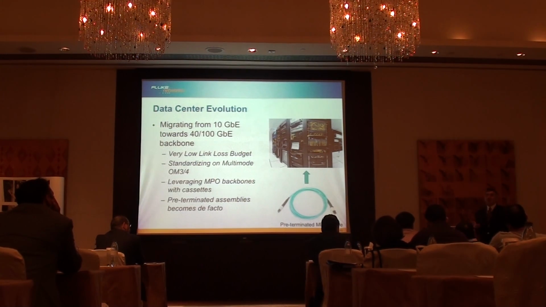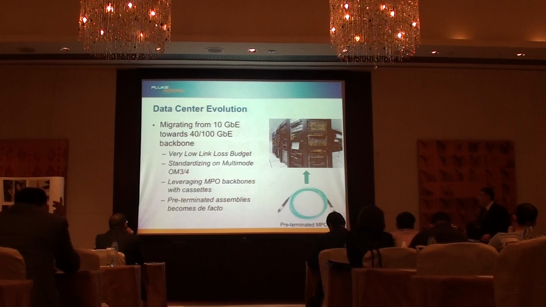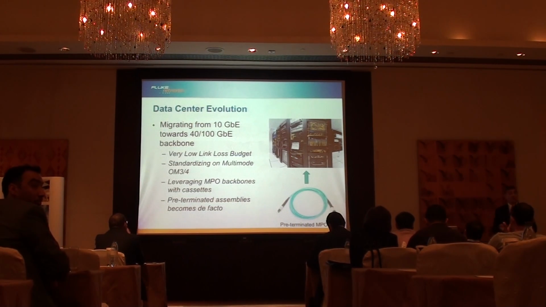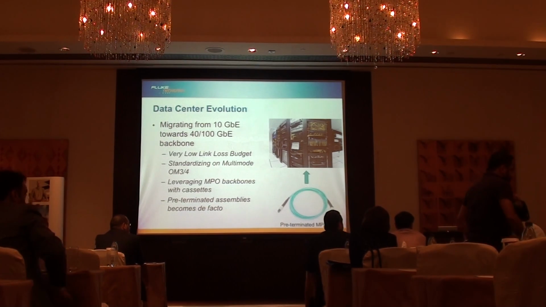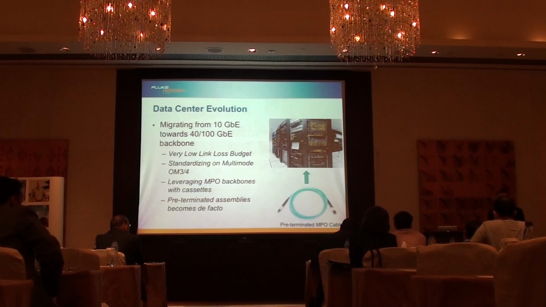That was the whole purpose of OM3 and OM4, which is expensive to manufacture because of this grading issue, so they can transmit the signal at the same time. That's why it's called laser optimized. A lot of people don't understand what laser optimized means. I'm explaining what is happening inside the fiber in order for people to understand what's going on.